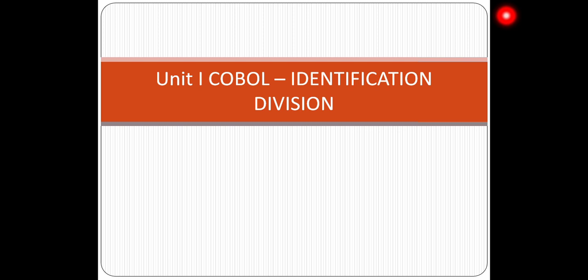So under the identification division and data division, you have a few paragraphs which are mandatory and a few which are optional. We are going to see each and every division in detail.